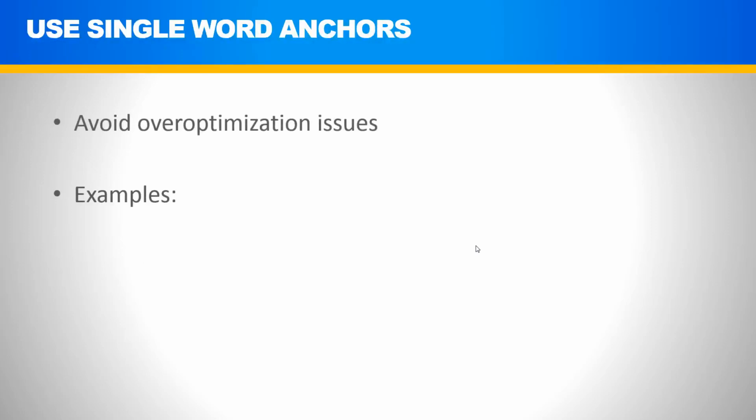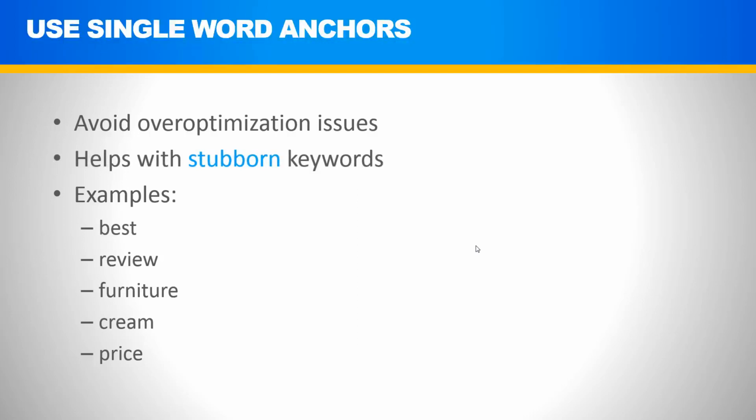Also use single word anchors. This slide looks like it's out of order, but let's just display the whole thing. It's a way to avoid over-optimization issues. Let's say for example you're trying to rank for best vitamin C serum or best furniture reviews, something like that. Let's say we've sent these words together as a string way too often, and sometimes we get stuck.